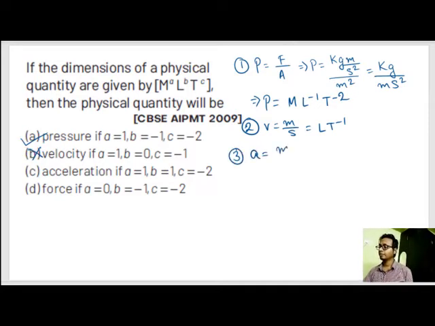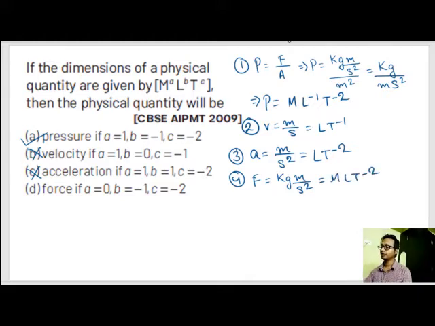Acceleration is meter per second square, you divide the velocity by seconds, or L T to the power minus 2, so A should be 0. Option number 4, force, is kg meter per second square, or M L T to the power minus 2. M is 1, but out here M is given as 0. Okay, so let's proceed to the next question.